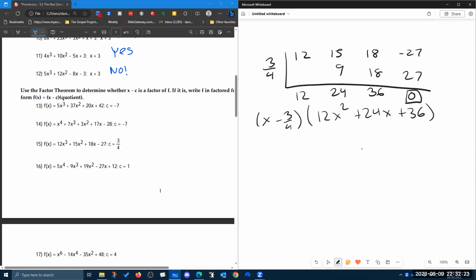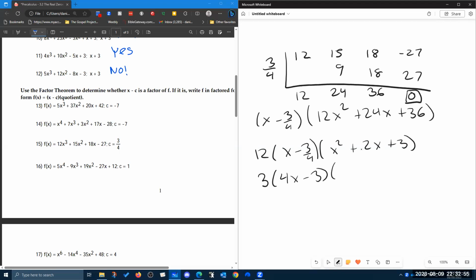But I see a common factor of 4 in all of these, actually of 12 in all of these terms over here. So let's factor that 12 out. Like so. And then I'm going to leave a 3 outside, but I'm going to put a 4 in here to get rid of this fraction.